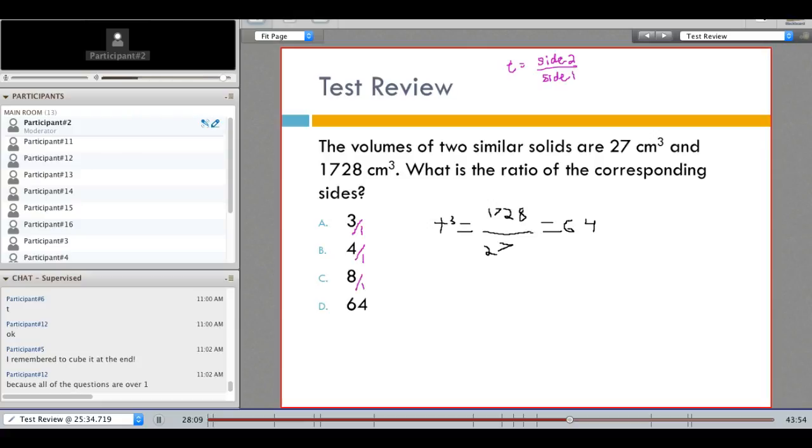You could either get, good, I'm seeing more right answers now, you could either get, if the answer was 5, 5 over 1 or 1 over 5, and as long as you showed your work, either one of those would be okay, because it doesn't actually tell you, other than looking at the multiple choice answers, which way the ratio would be set up. Okay?